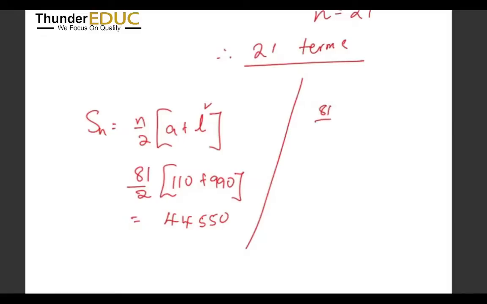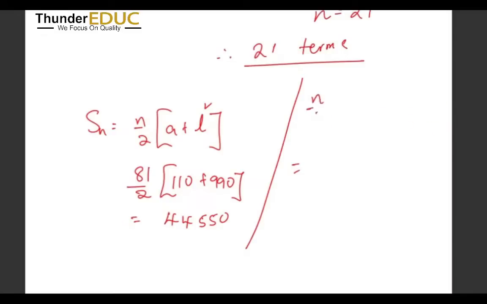Alternatively, you can use 81 over 2 into 2a, which is 2 times 110, plus 81 minus 1, which is 80, multiplied by 11. Let me just confirm that we have the same answer. Oh, why am I getting something different? What is the formula?